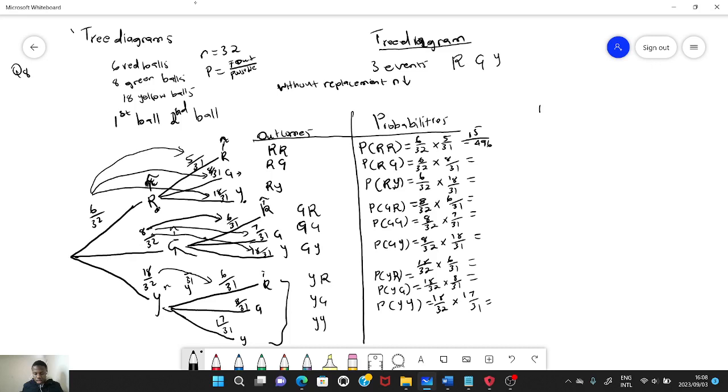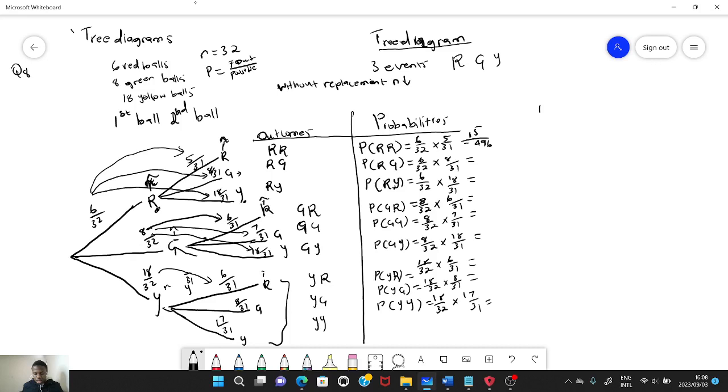Now we continue. Now we have 18 over 32 multiplied by 6 over 31, right? The same thing as this probability. See, it repeats. I believe the second one is still going to repeat with this one.